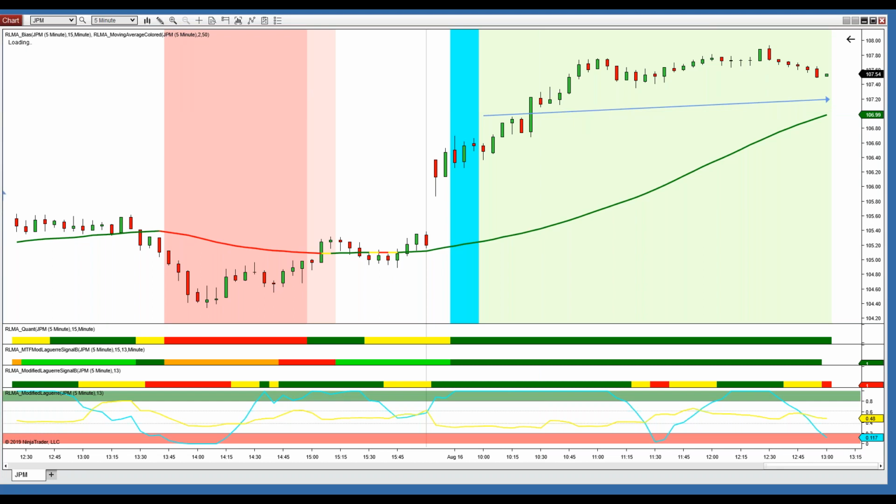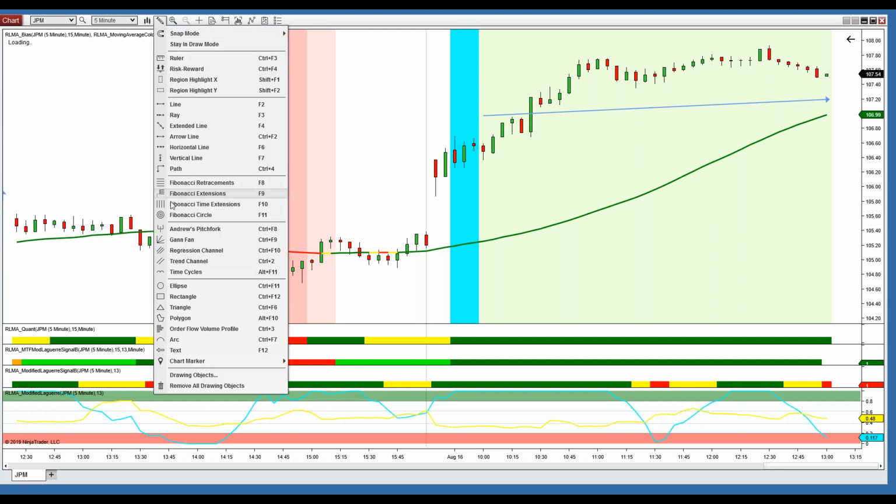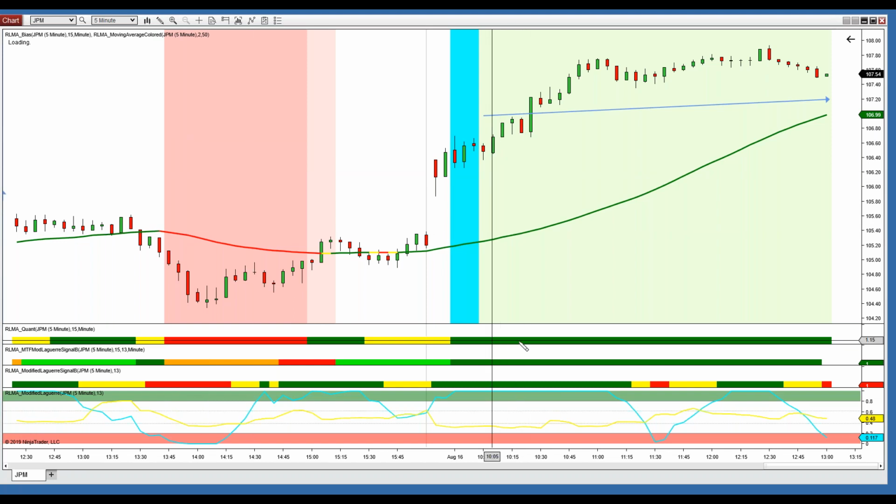And remember, you're going to get these lines and get this system. It's this green line. And what we've done is we've looked at correlative markets to JP Morgan.